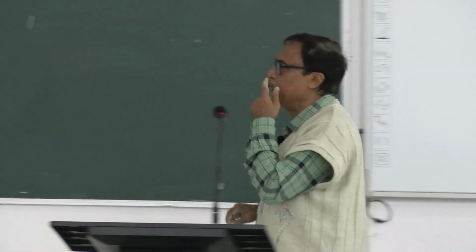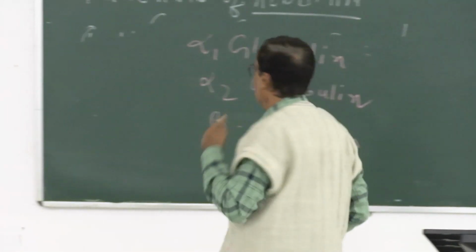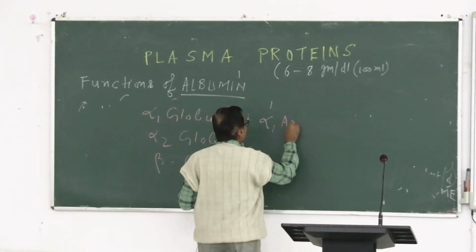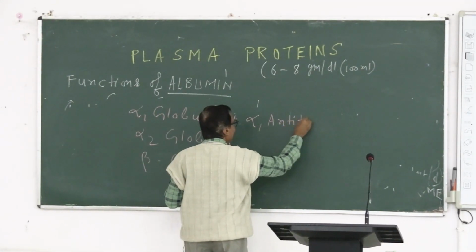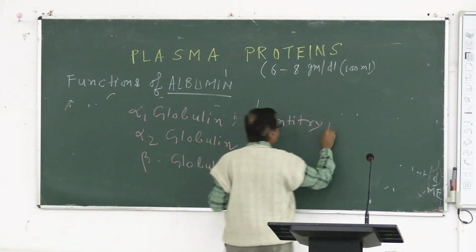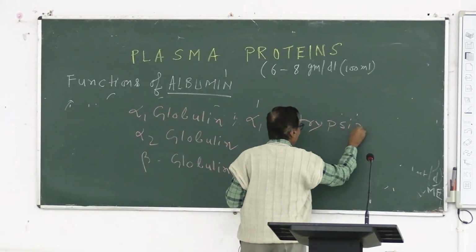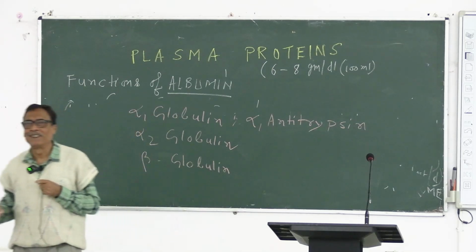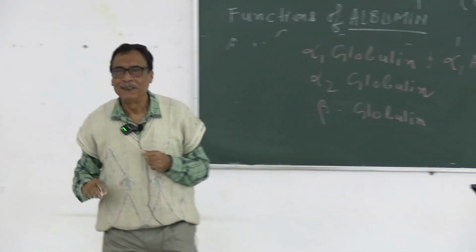Example of the alpha-1 globulin. Alpha-1 antitrypsin, have you read this? What is the importance of the alpha-1 antitrypsin? How does it occur in deficiency of this protein?